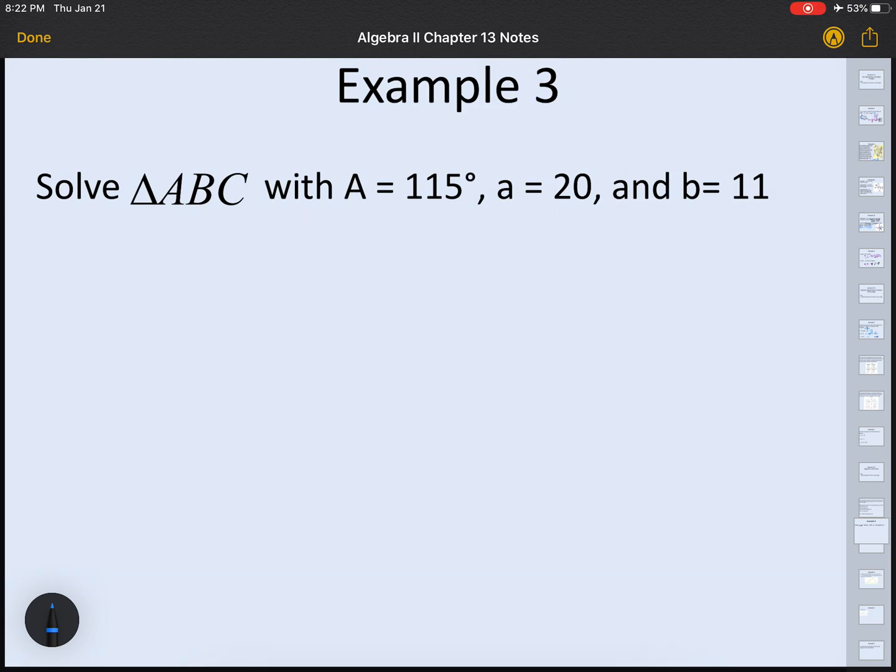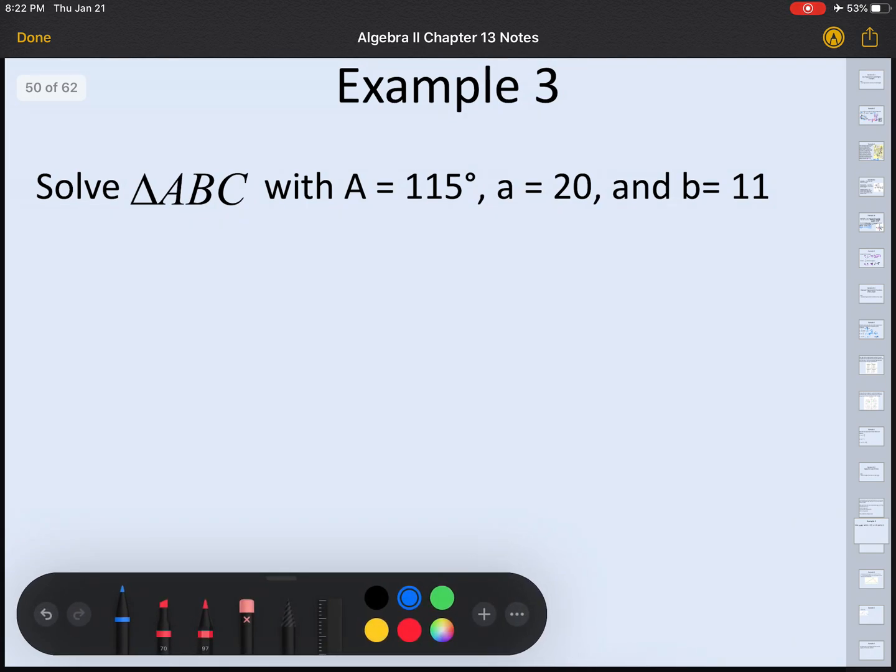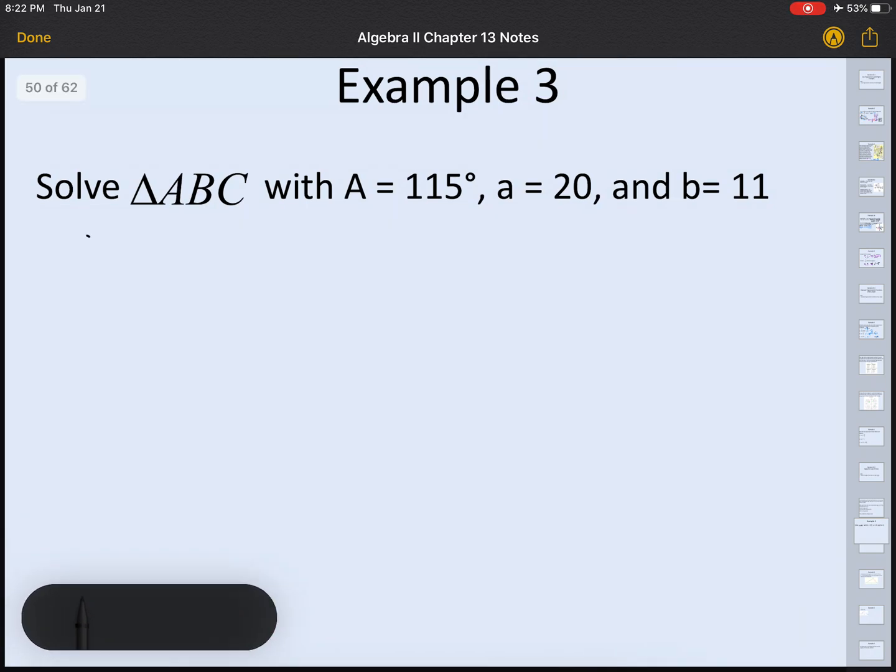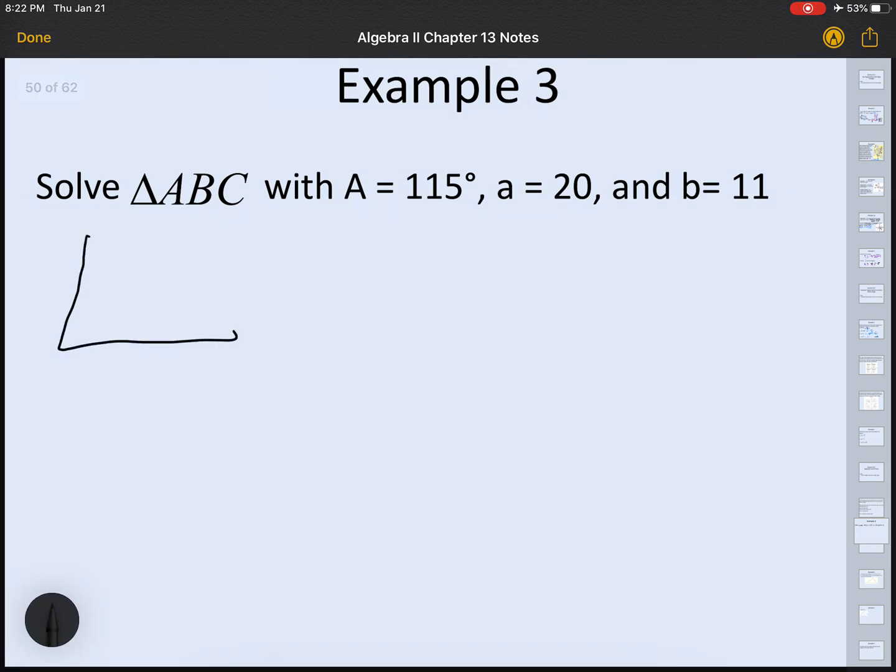So let me sketch what it might look like. Let's say A, B, and C. Angle A is 115 degrees, side length a is 20, and b is 11.